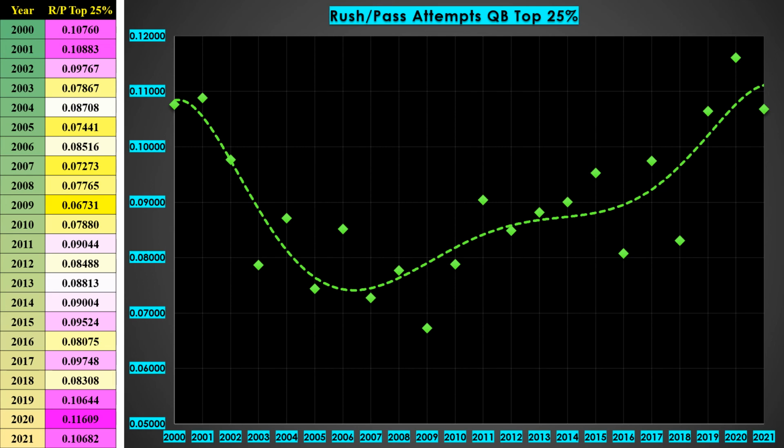Yellow's low, purple's high. If you plot the ratio, the higher the ratio, the more rushing. So this is high rushing, low rushing. When I said extreme, folks, I think the extreme is seen in the ratio.